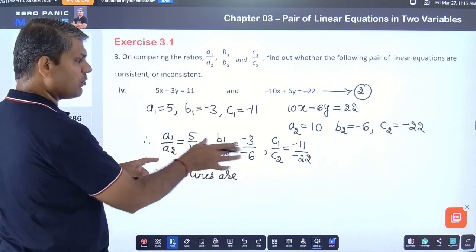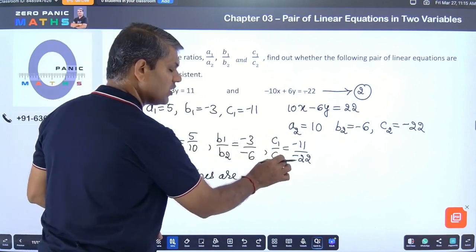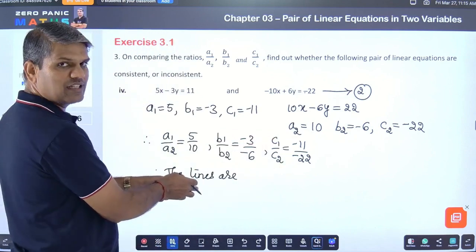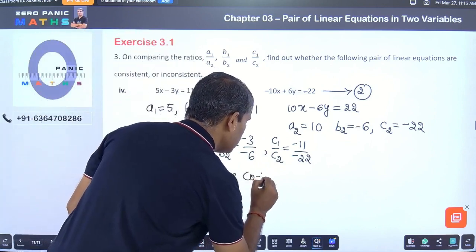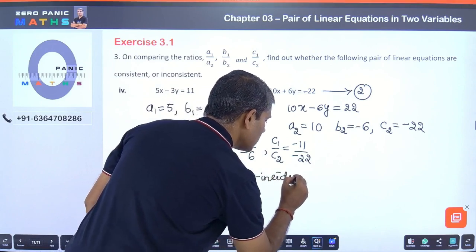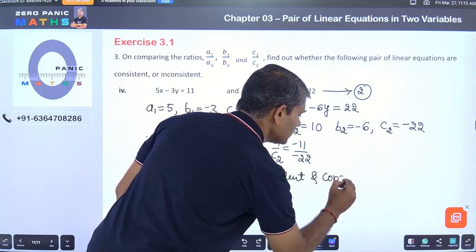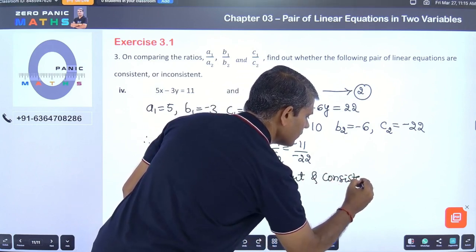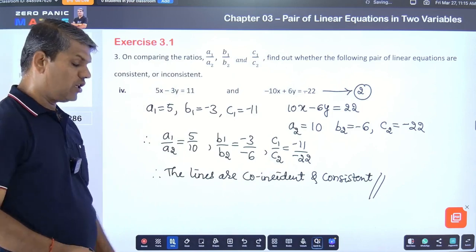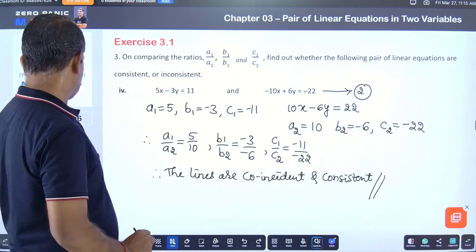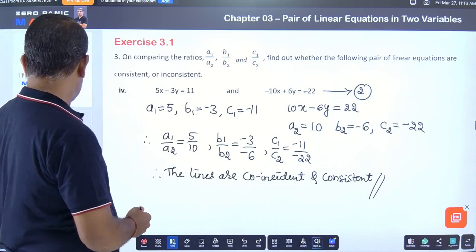You can write one more step here, that a1 by a2 is equal to b1 by b2 is equal to c1 by c2. So the lines are coincident and consistent. Coincident lines are consistent, only parallel lines are inconsistent. Now let us quickly move to the next question.